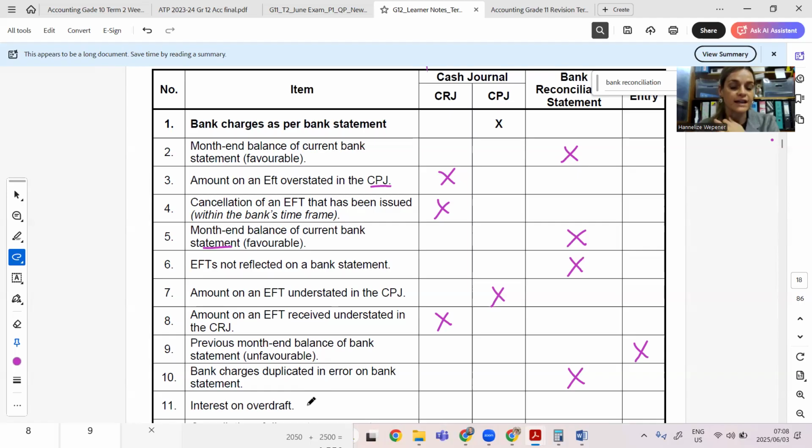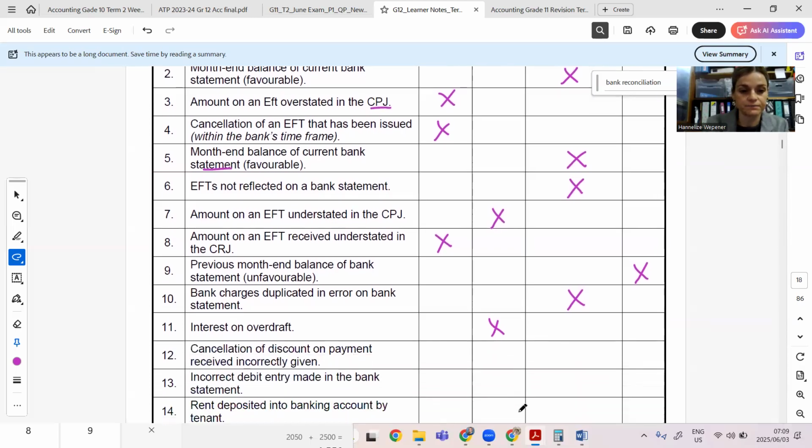So before looking at the bank statement, you wouldn't have known what the amount was that you had to pay. Therefore, you wouldn't have recorded the transaction. So interest and bank charges that you see on your bank statement will always be amounts that you must still record in your CPJ if it's a payment. If it is a receipt, then your CRJ.